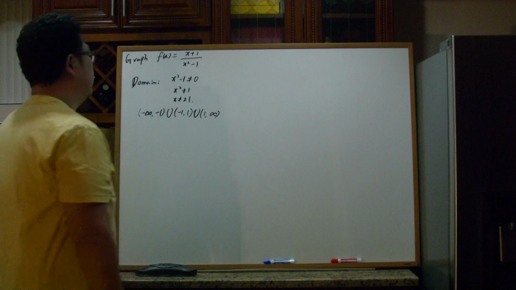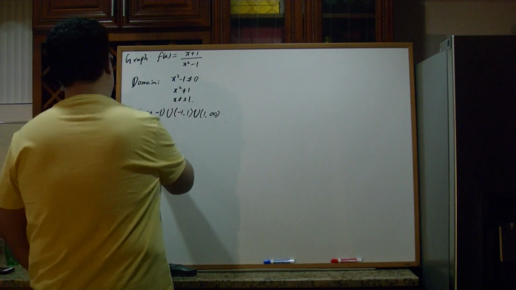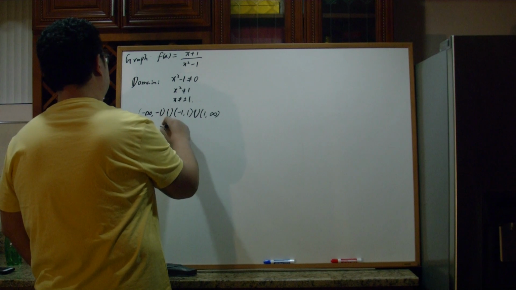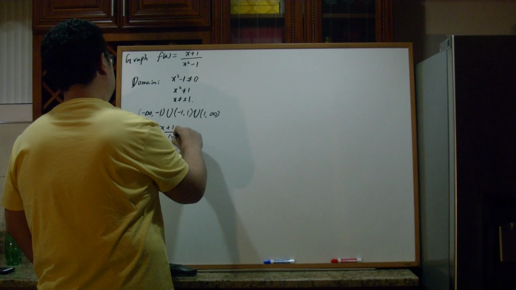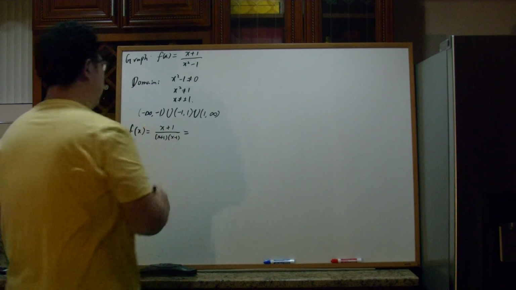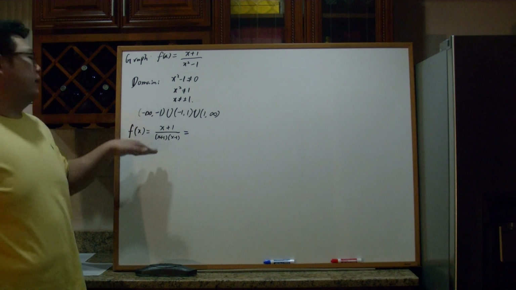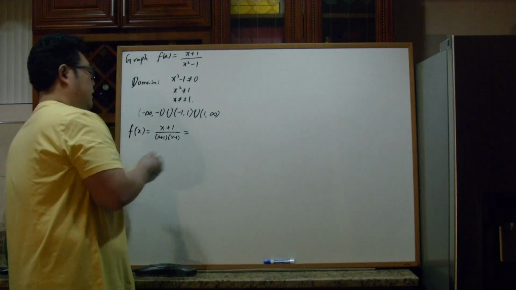The next thing is vertical and horizontal asymptotes. For the vertical asymptote, we check if the function could be simplified. Well, we have the term x plus 1 on the denominator also, so it can be simplified or reduced.